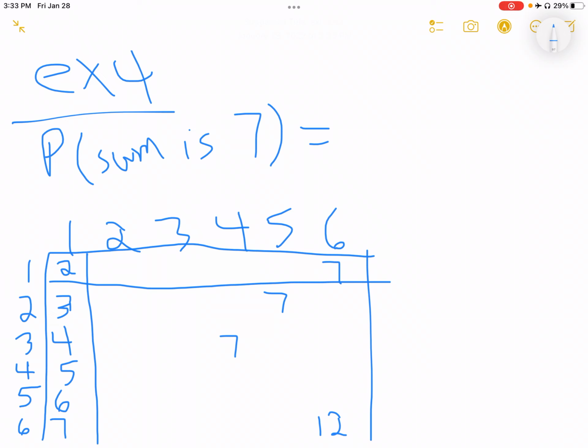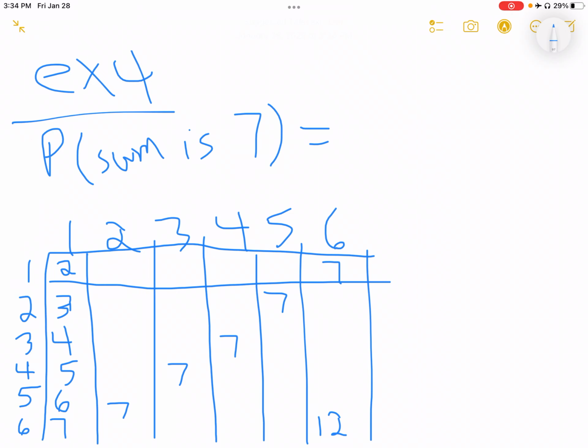And then if we rolled another one here, a 4 and a 3, we get 7. 5 and 2, we get 7. Okay, so I'm just trying to show you guys here, right? This is if I rolled 5s here, 4s here, 3s here, 2s there.